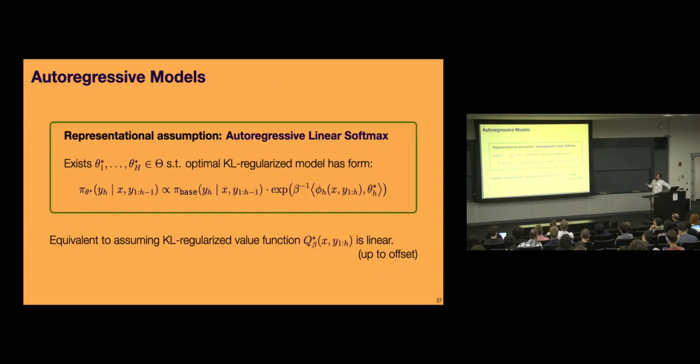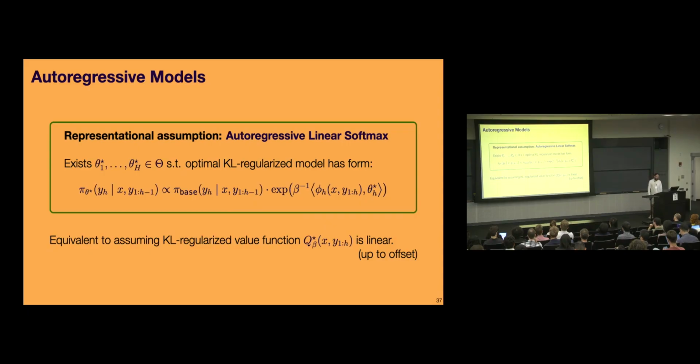But to take advantage of this MDP, or Markov decision process viewpoint, it's not enough to just use that the base model is autoregressive. I'm also going to assume that the optimal model now is what we call an autoregressive linear softmax. This is a generalization of the linear softmax model I was showing before, where now the conditional distribution has this linear softmax structure rather than the full outcome level distribution.